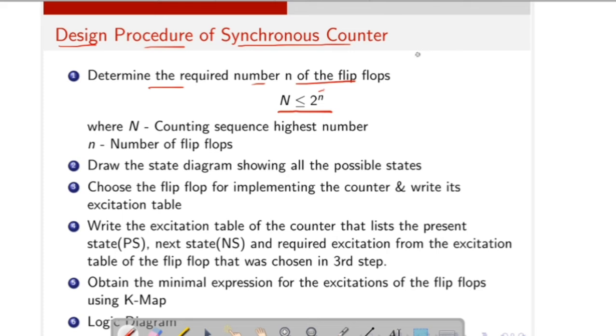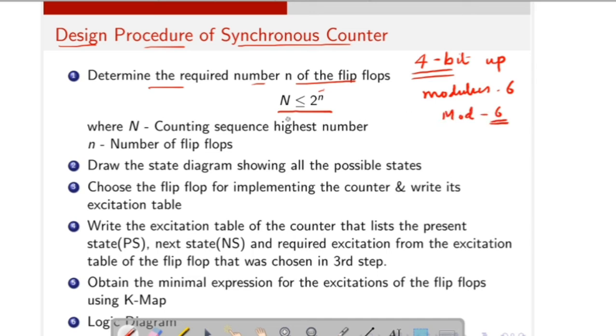Suppose the question is directly given as design a 4-bit up counter. Then from the question itself we know that it is a 4-bit counter, and a 4-bit counter requires 4 flip-flops. That means an n-bit counter requires n flip-flops. Suppose it is given as a modulus counter: design a modulus 6 counter, or mod 6 counter.